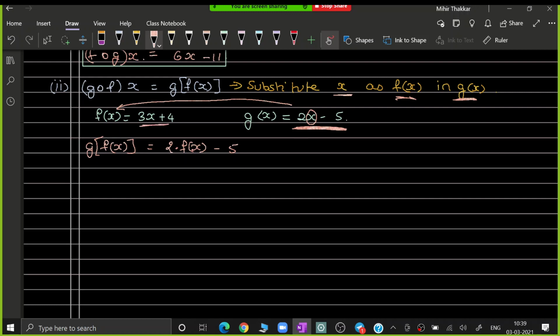It was 3x plus 4, so use that here. So what will you get? 2 into 3x plus 4 minus 5. Open the bracket. 6x plus 8 minus 5, giving us a very easy answer, 6x plus 3. This becomes your required value of g of fx.